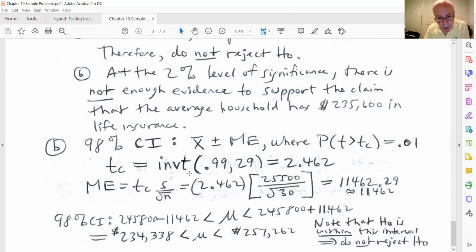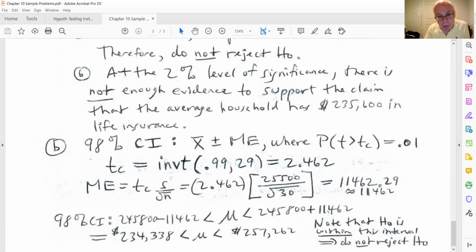And if you do an inverse t in Excel using the area to the left as 0.99, because it's the middle, 0.98, plus the left tail, 0.01, with 29 degrees of freedom, you have to remember to use 29 degrees of freedom because it's sample size minus 1, you get a critical value of 2.462.